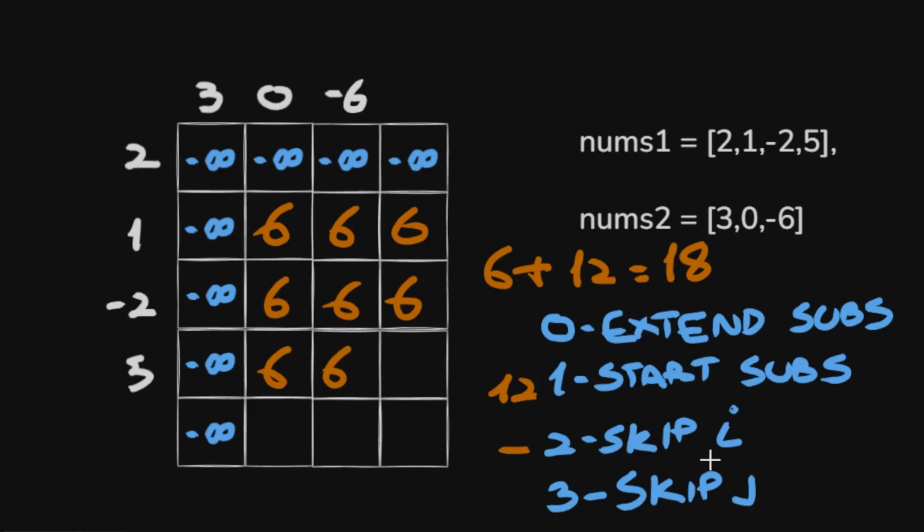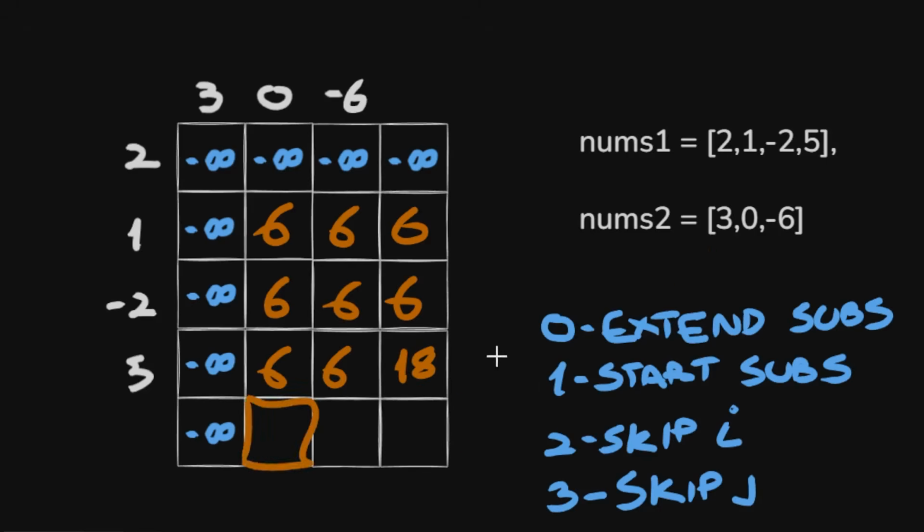If we skip I, we are skipping this number, so we are looking at this cell. And if we skip J, we are skipping this number, so we are looking at this cell. The maximum number among these 4 is 18, so this is 18.